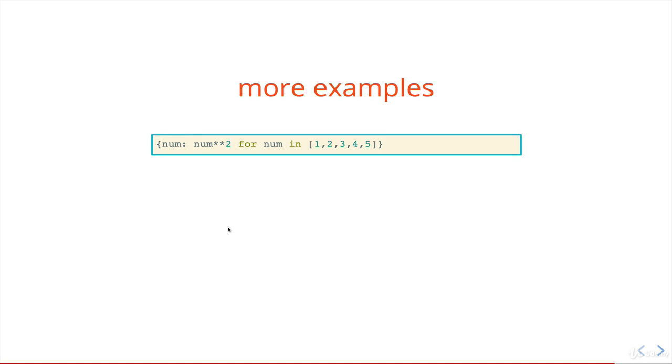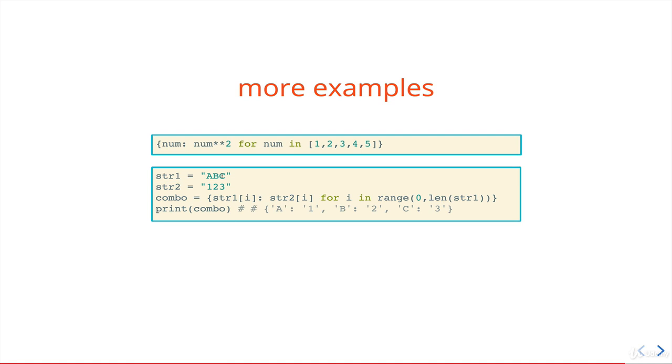So here's another example. This time we have 2 strings. And what we're basically doing is looping through the strings, and we're taking the first character of string 1, which is A, making that the key, and the value is 1. B, 2, C, 3. We're basically, I don't know what we would call this, we're like interleaving them.